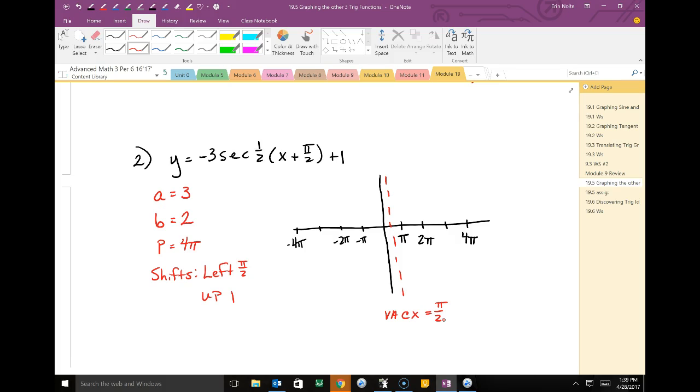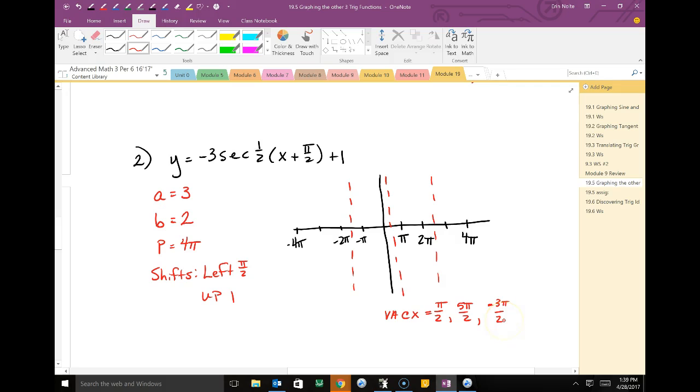5 pi over 2? Does anybody else agree with that? Okay. What about the one to the left, if I go in my negative direction? So that one would land at negative 3 pi over 2.